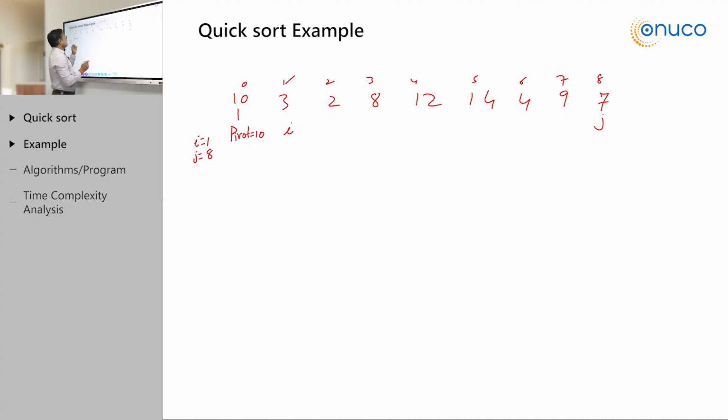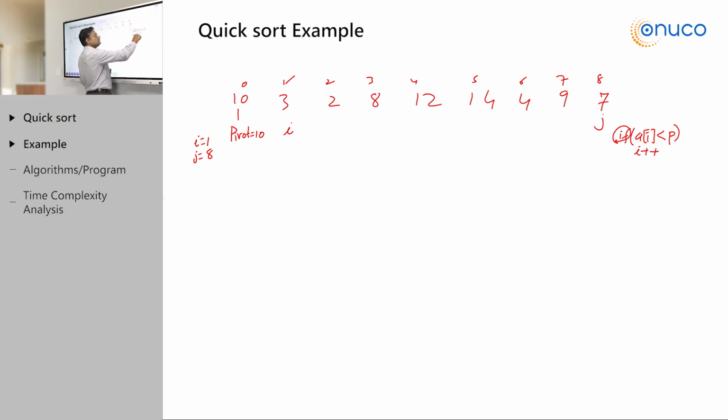Now what is the logic? The logic is if A[i] is lesser than the pivot element, then i++. In this place, since it is repetition, never use if. If can be used for only one-time execution.